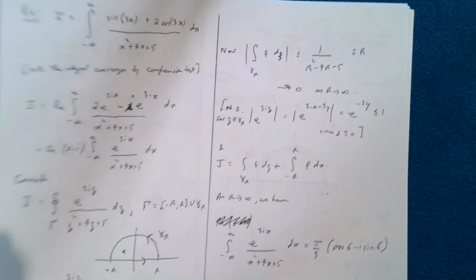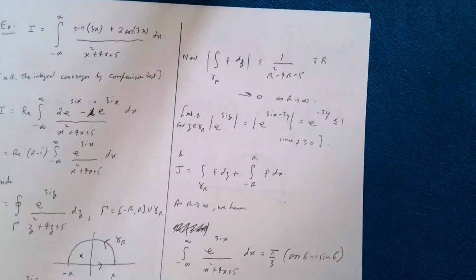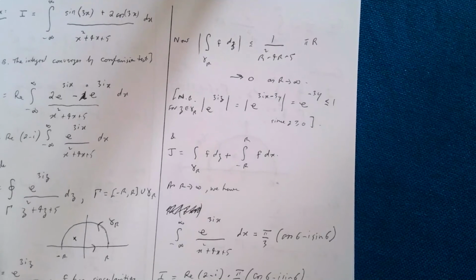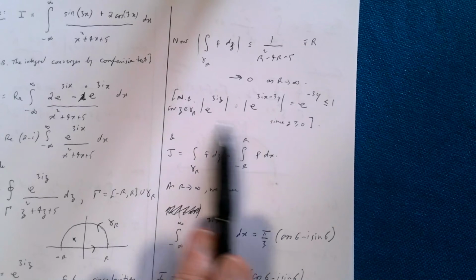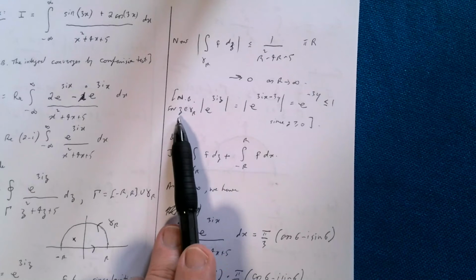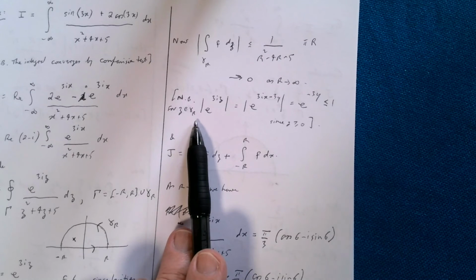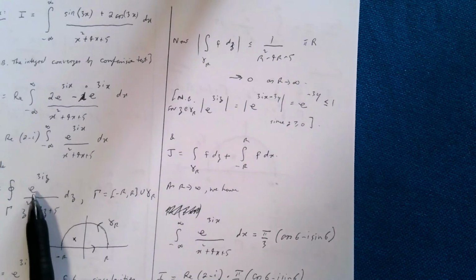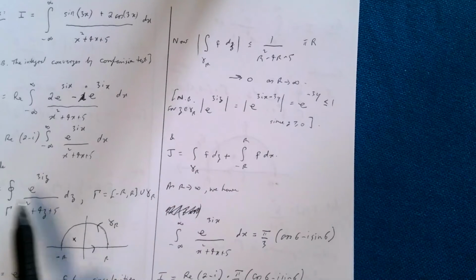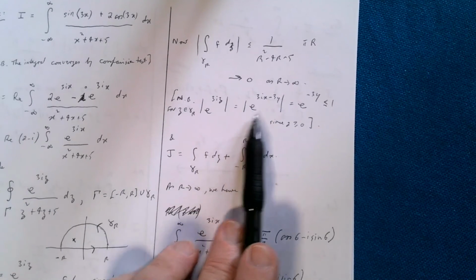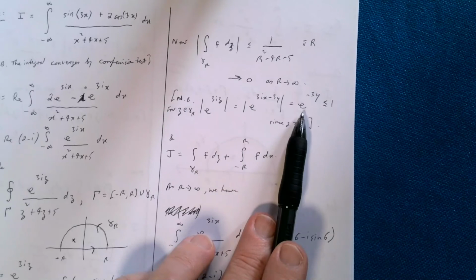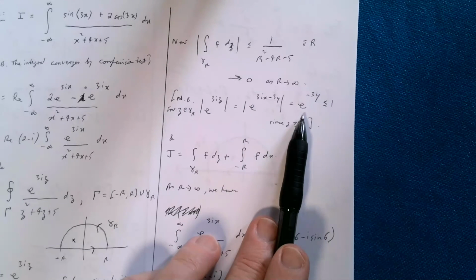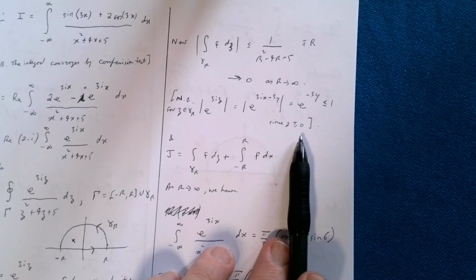Now we're going to just do the bounding argument, so I want to see what's happening along Gamma R, and again I need to do a little bit of side calculation here. If we take z on Gamma R, then the numerator here, e to the 3iz, the modulus of this is equal to the modulus of e to the 3ix minus 3y when I put z as x plus iy in. The modulus of this is just e to the minus 3y, and that's less than 1 because y is positive on Gamma.